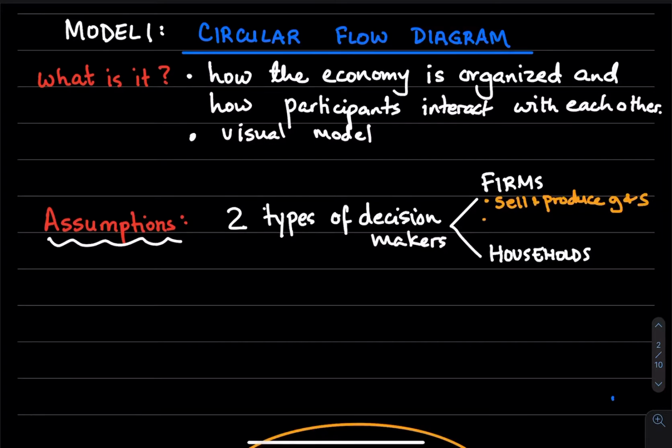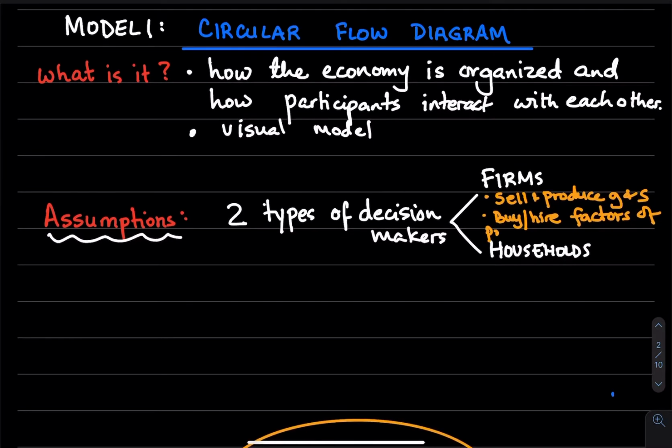They're able to do that because they buy or hire factors of production. Factors of production are things like land, labor, capital, entrepreneurship, etc. So these are all factors of production that firms will hire to produce goods and services.